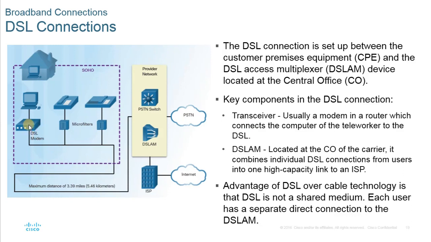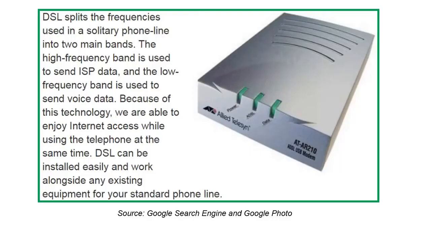So this is the transceiver. This is like a modem that is also used in the cable system. These are example hardware that you might encounter in reality. This is the DSL transceiver.